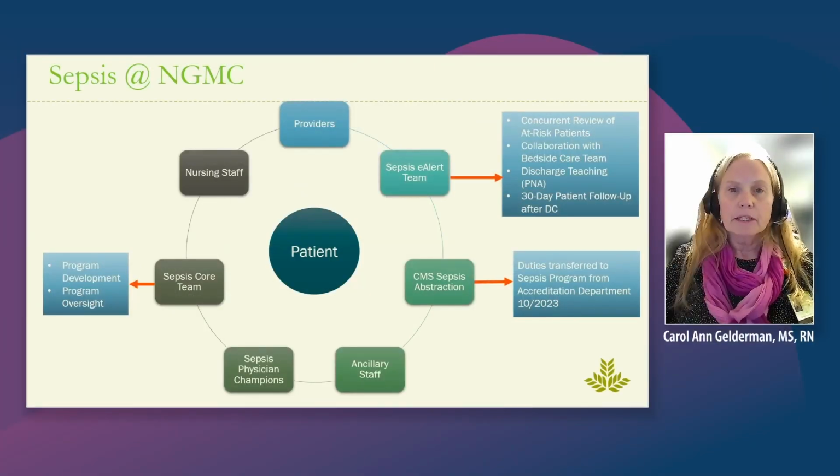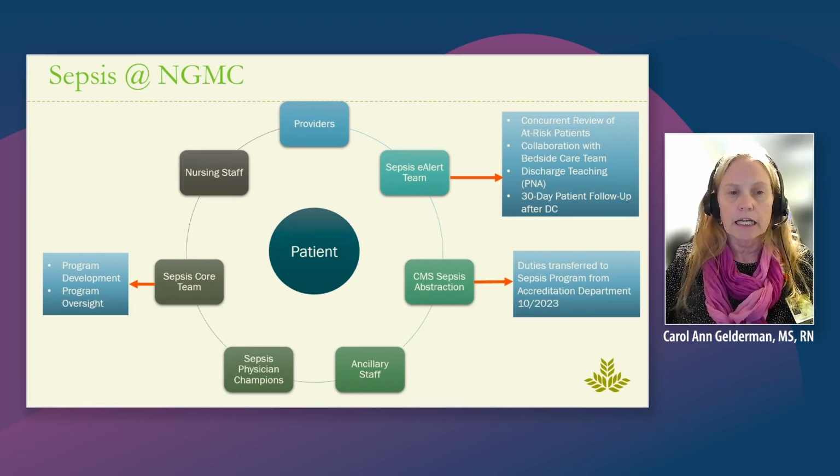Our program is set up a little bit differently, as you mentioned when introducing me. This shows the interdisciplinary factor that goes into our sepsis program. There are 3 key things that I wanted to point out. We have a sepsis core team, which is responsible for program development and program oversight. This is the committee that a lot of people might call a sepsis committee, but we call it our sepsis core team.